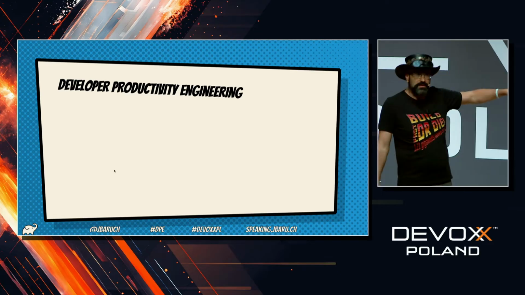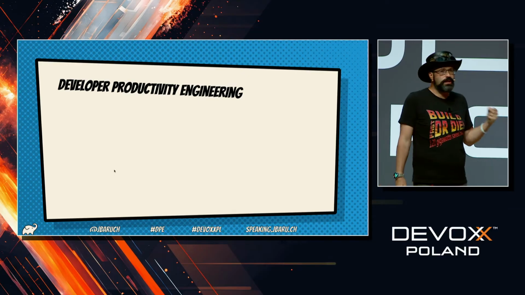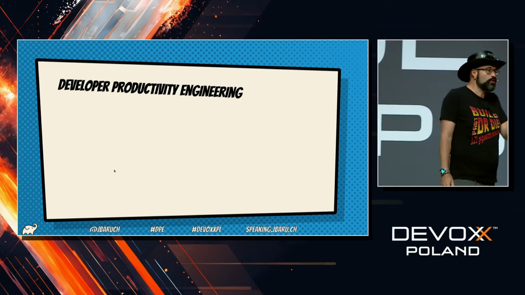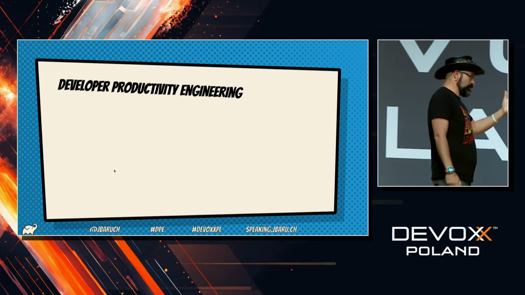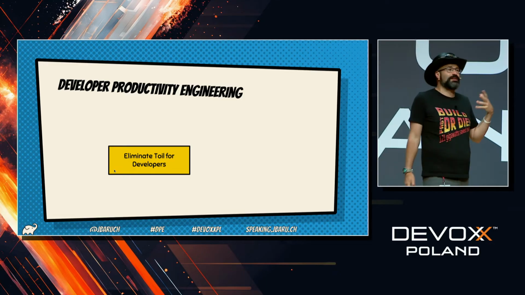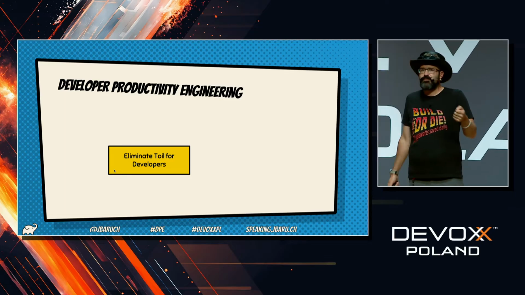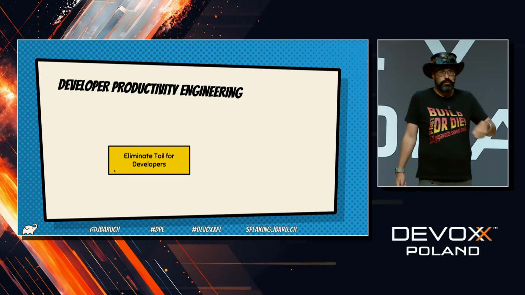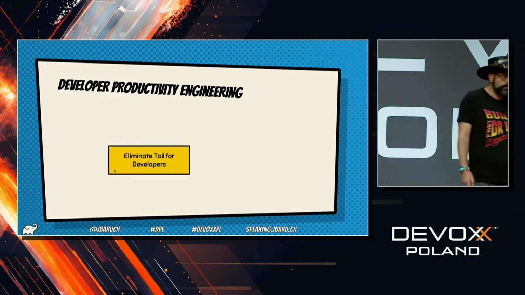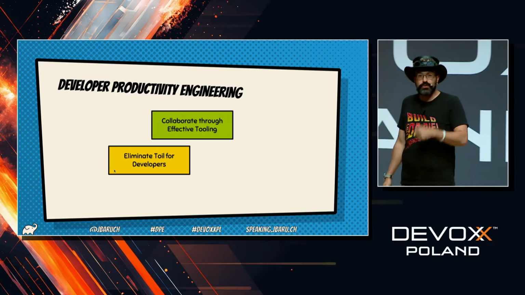While everything else, blocking your calendar and meditating, is very important, how can we employ our engineering skills to make us most productive? The tenets of developer productivity engineering are, for example, eliminate toil for developers. What am I talking about? Stuff that you shouldn't do when you are coding, in terms of bureaucracy and red tape, really should be eliminated. Collaborate through effective tooling.